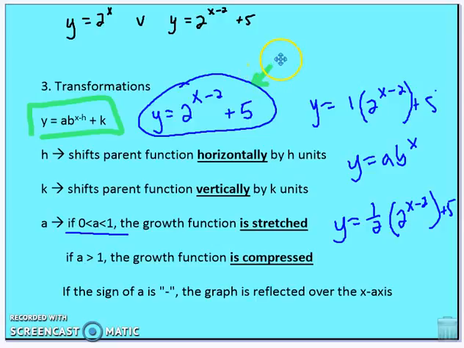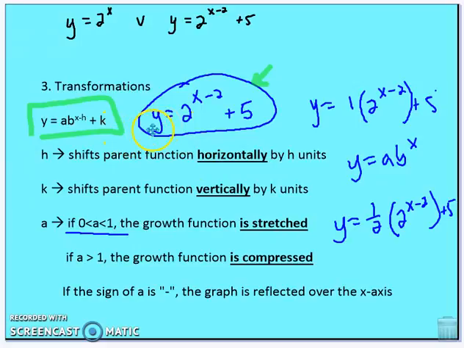You should have seen this form of the function before with the h and k values. In this case, you have a minus h, so h represents a shift to the right by h units. And the k value represents a shift up when it's a positive k, or down vertically.